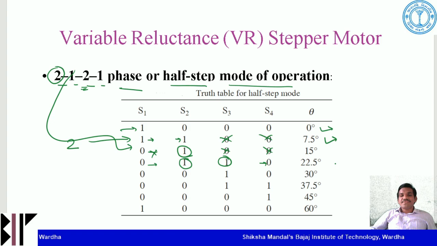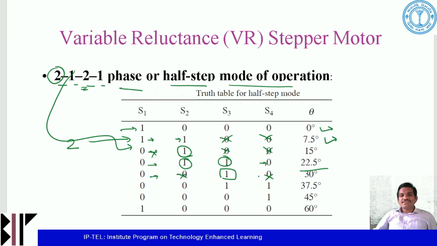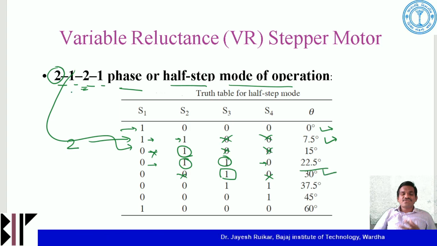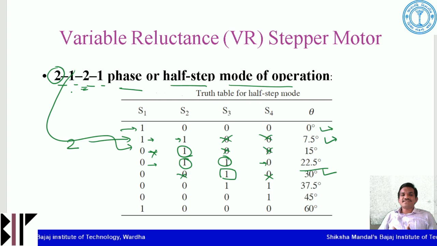Next is only one phase energized. In this case the S3 switch is on, and S1, S2 and S4 are open, so you will again get a 7.5 degree step angle. Similarly, this is called 2-1-2-1 phase. That means two phases are energized, then one phase, then two phases, then one phase.